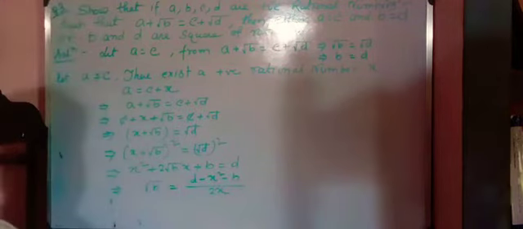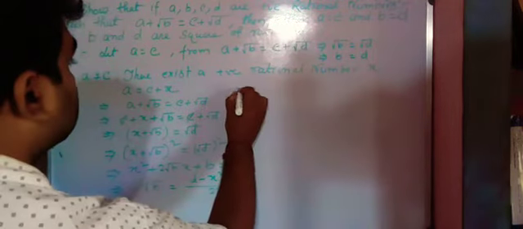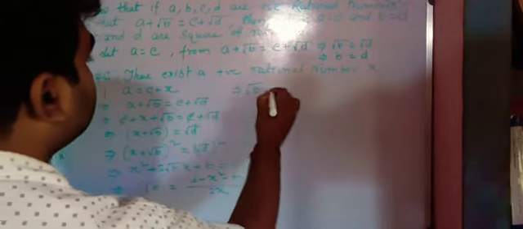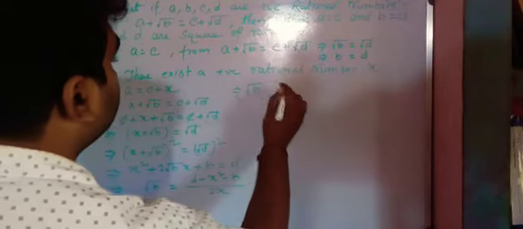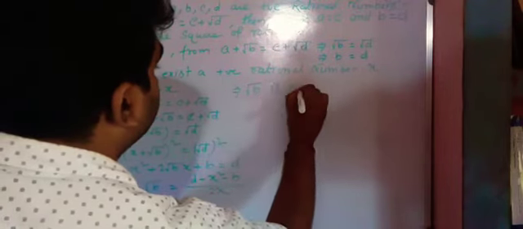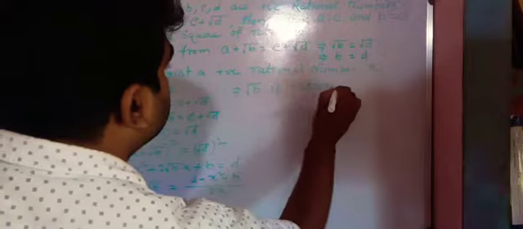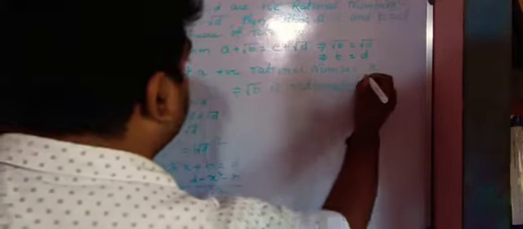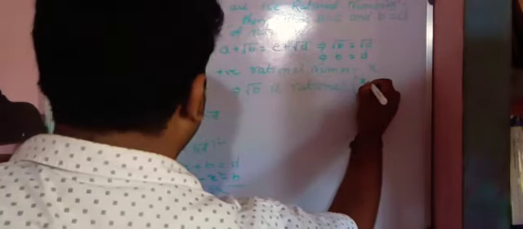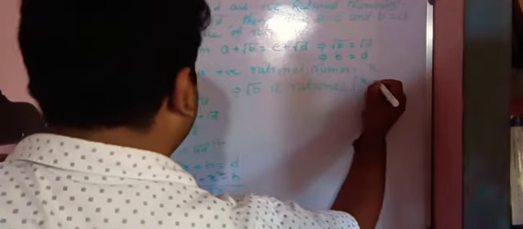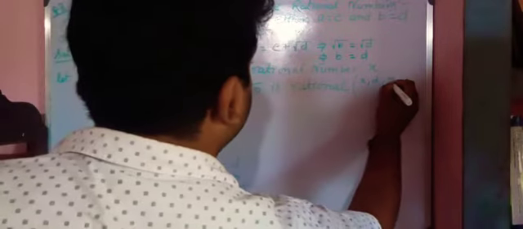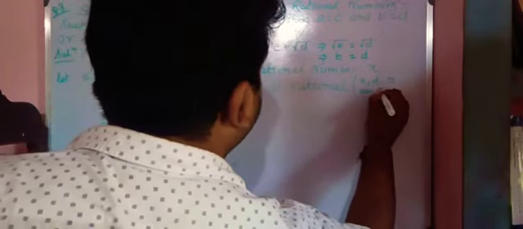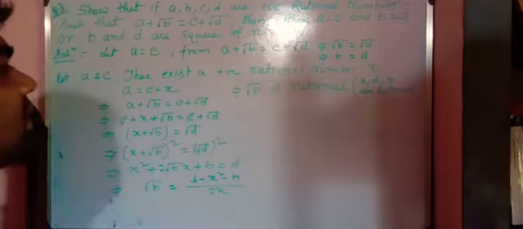So here that's implying root b is rational. Why? Because x, d and b are rational.